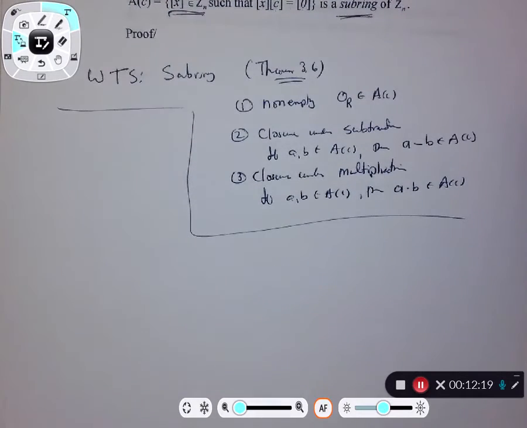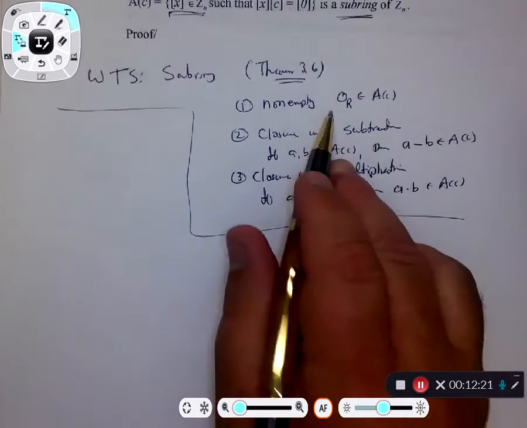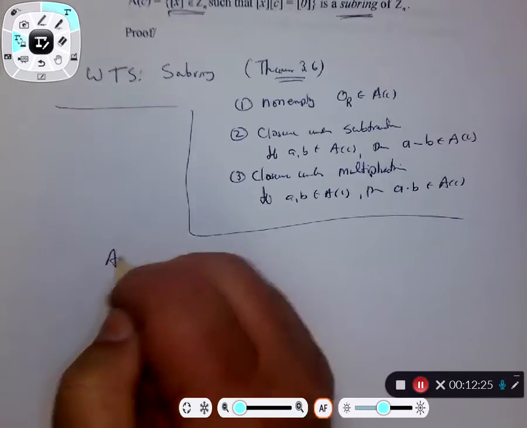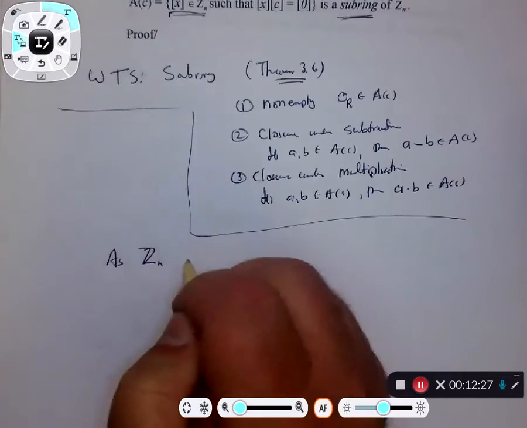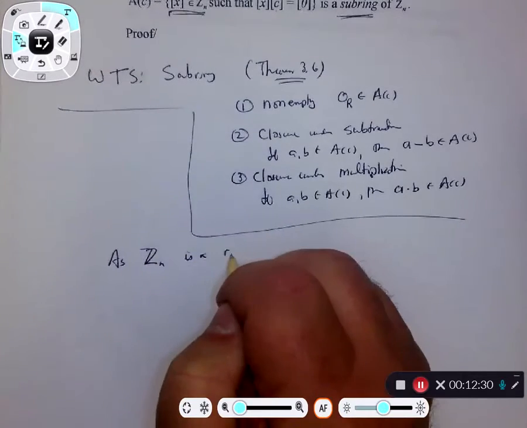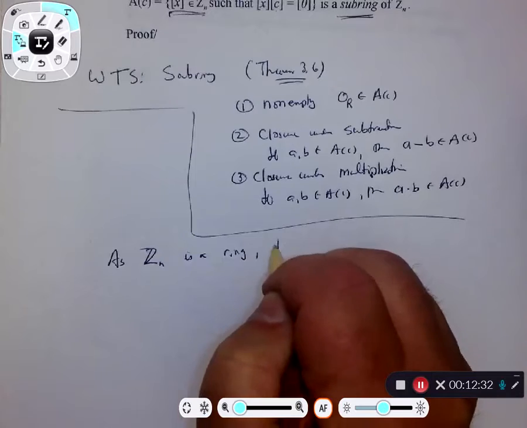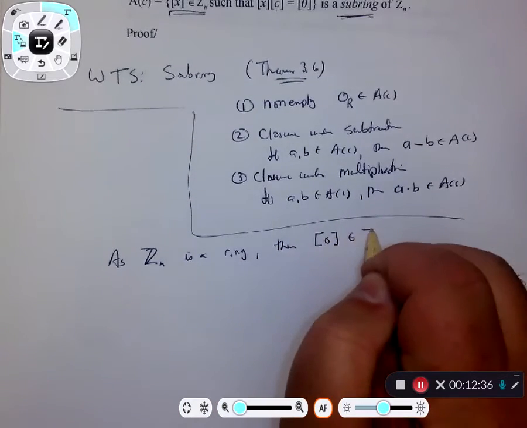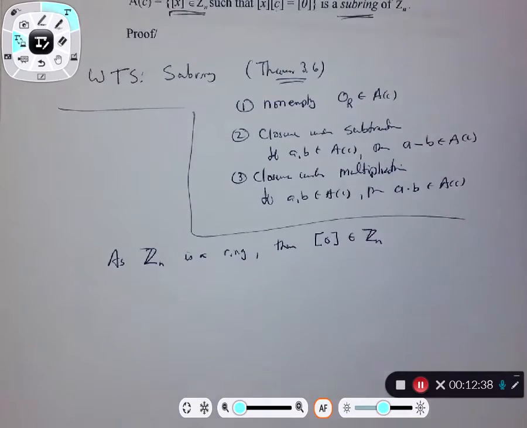So, you have to show it's non-empty. As Zn is a ring, then equivalence class 0 is an element of Zn. That's the main thing we're focusing on.